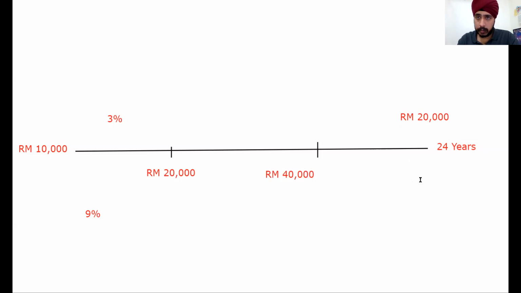And when it reaches 24 years, same length, guys, you have 4 times more, $80,000. That's a very simple calculation. 3% versus 9%: your 10,000 over 24 years at 3% becomes 20,000, and at 9% it makes you $80,000.